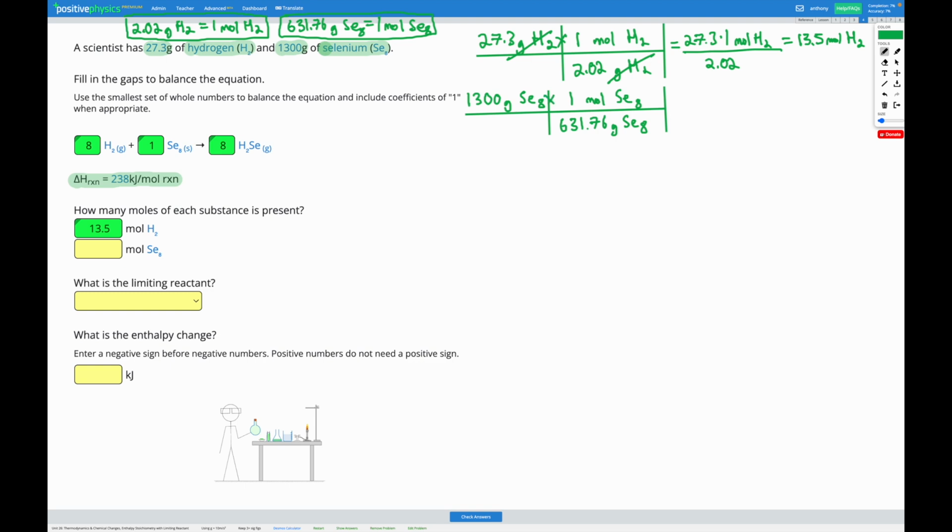We're going to multiply everything on the top, divide top by bottom. Grams of Se8 are going to cancel. We're going to be left with 1,300 multiplied by 1 mole of Se8 divided by 631.76. That's going to leave us with 2.06 moles of Se8.